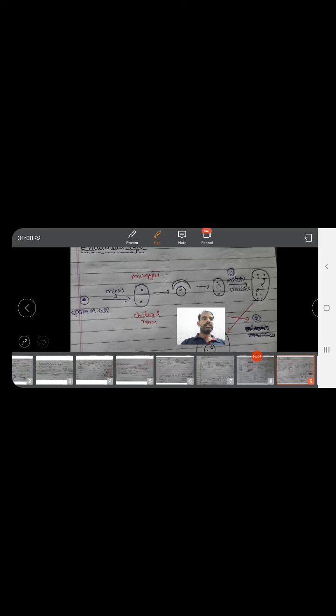Next I'll explain Endymion type. This is the common spore mother cell.